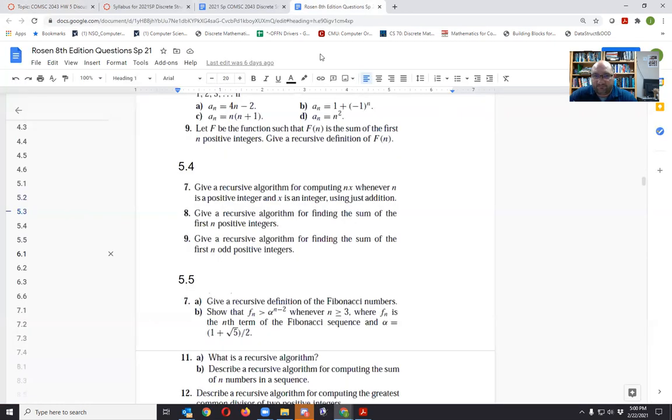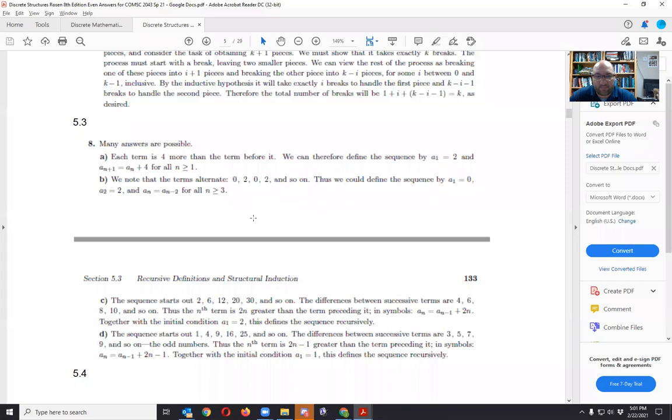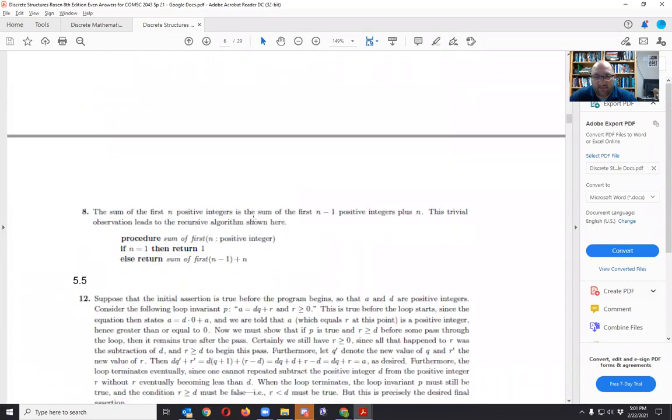So 8 and 9, recursive algorithm for finding a sum of the first n positive integers. There's actually a closed form for this, but we'll use a recursive form. So this is problem 8. The sum of n positive integers is n minus 1 positive integers plus n.